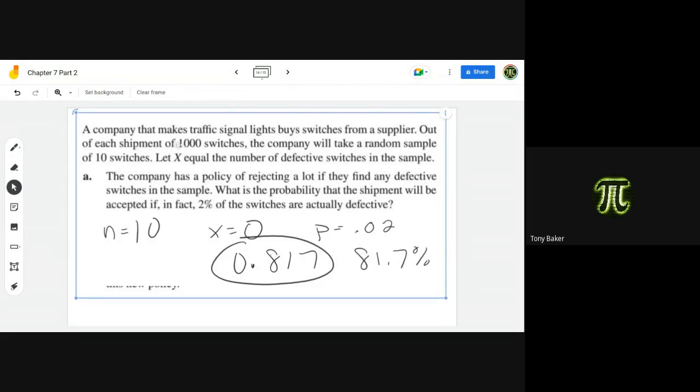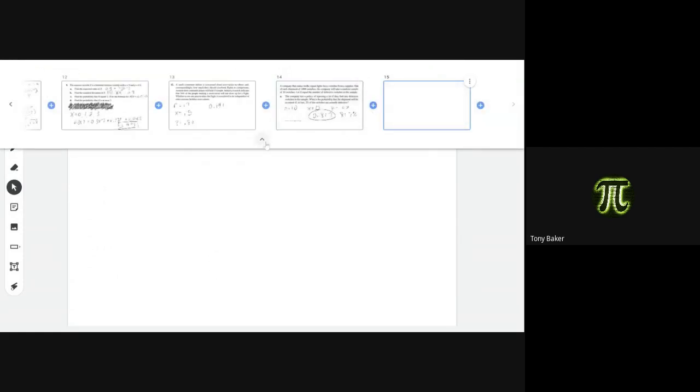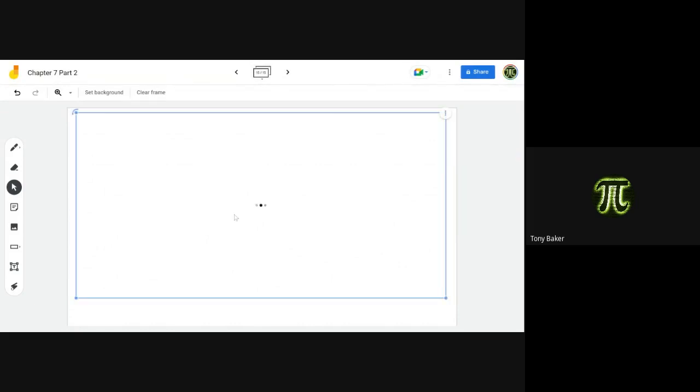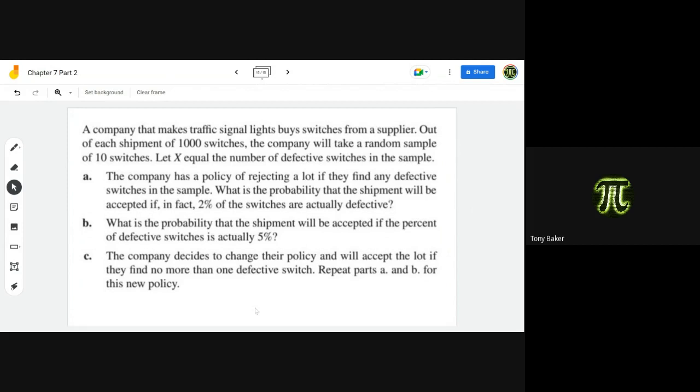Now, what was the second part of this question? What is the probability that the shipment will be accepted if the percent of defective switches is actually 5%? Okay, so what would change in the formula I just did?